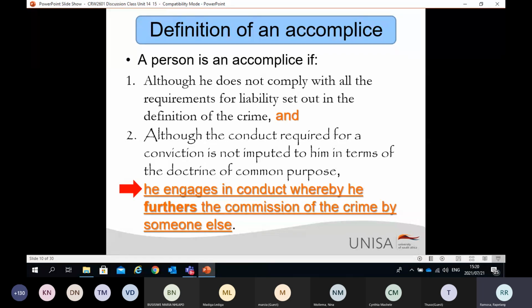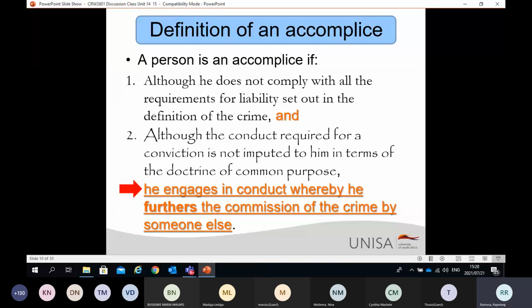If you say that X is guilty of being a co-perpetrator by virtue of applying common purpose, then there are also words that we're looking for to see that you have clearly applied the doctrine of common purpose. We'd be looking for words like acted with one or more persons, and the act of the one was imputed on the other. So we're looking for, according to the doctrine of common purpose, those key words that you will see in page 196 in bold.